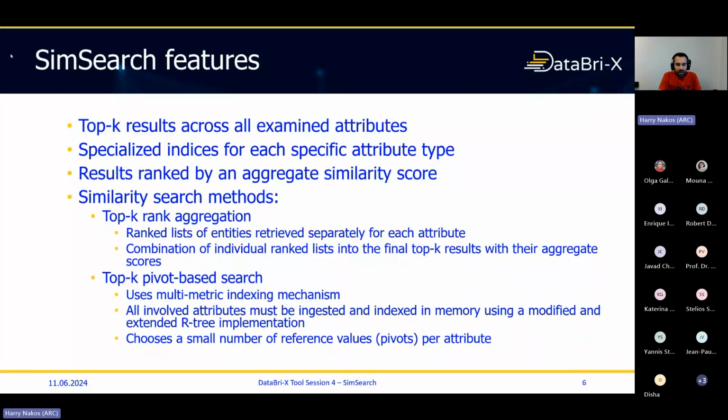This approach uses a small number of reference values per attribute, so that distances of a candidate data point are checked against these reference values in order to produce the final top-k list.